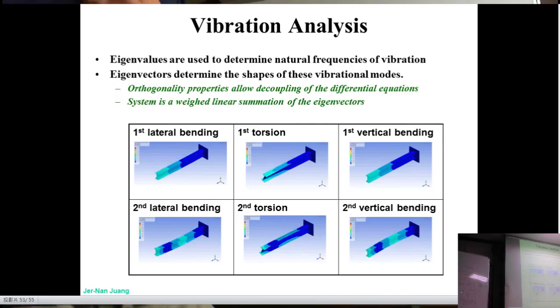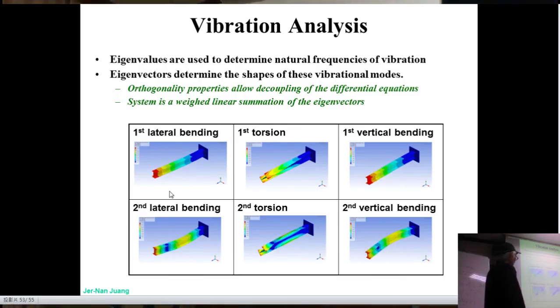But if you happen to excite your system using the frequencies of these mode shapes, then of course these mode shapes will come out. But the frequencies of your external forces have to be the same as these mode shapes.